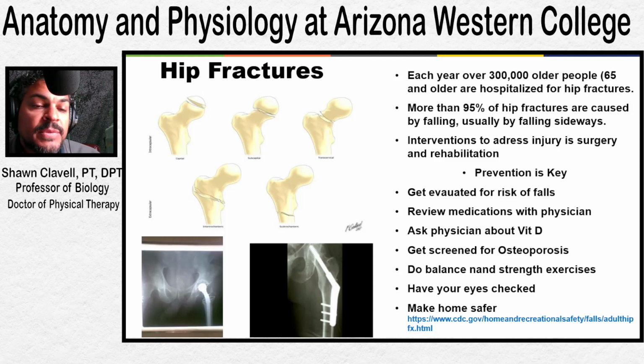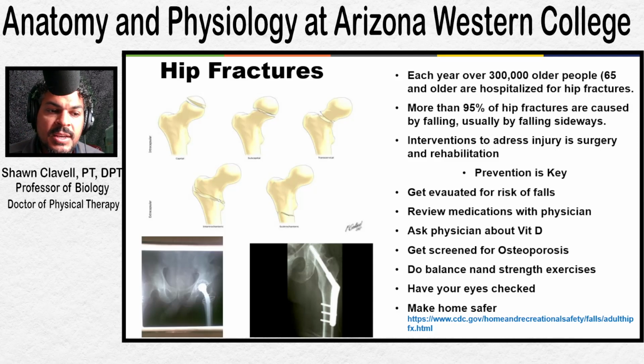Again, vitamin D, as we've talked about, supplementation and its importance for calcium transport in the GI system, getting screened for osteoporosis, doing balance exercises, right? Having your eyes checked is a component, and making the house safer are both components to reduce the risk of falls and ultimately reduce the risk of hip fractures.